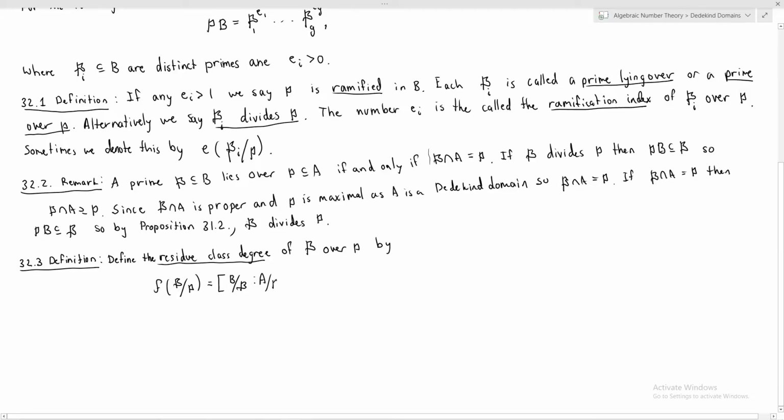Okay. So you can check that basically A mod P is going to be a subfield of B mod P, and the residue degree is the degree of that field extension.